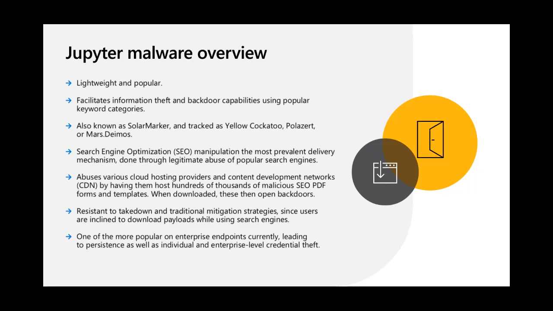And so they would have an actual file called solarmarker.dat located on their computer. And the Jupiter, Mars, Uranus, and Deimos references are also part of the fun astrological or astronomical references that are littered throughout this malware, and part of why it has so many different names.